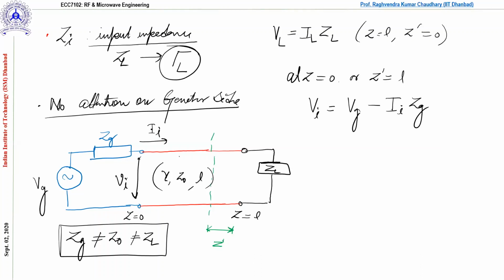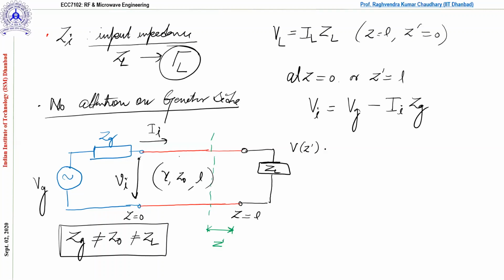Okay. Now the thing is, we already have the basic idea about the transmission line, and we already derived some of the relations for how we can find the voltage and the current at an arbitrary location over the transmission line. Fine. So let us recall these equations.